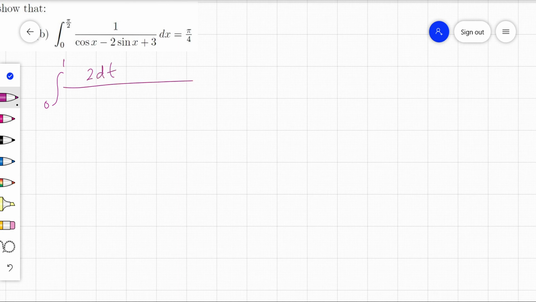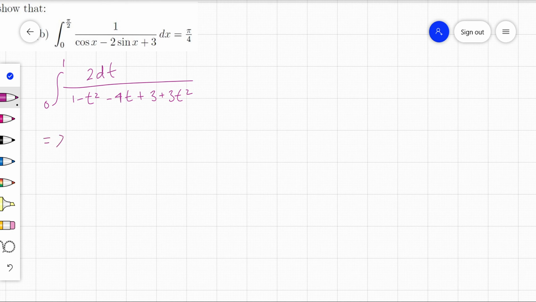So cos is 1 minus t squared on 1 plus t squared, but I've timesed by 1 plus t squared. Sine is 2t on top, with 1 plus t squared on the bottom. So I'm just doing minus 2 times 2t, which is minus 4t. And then I've got 3 lots of, and remember, I've timesed by 1 plus t squared, so 3t squared. That just makes it easy if you can do that quickly.